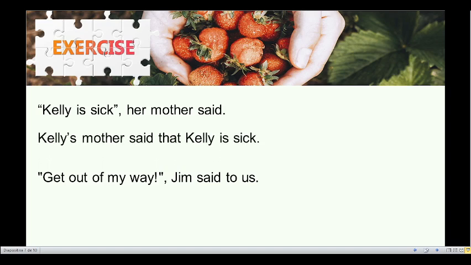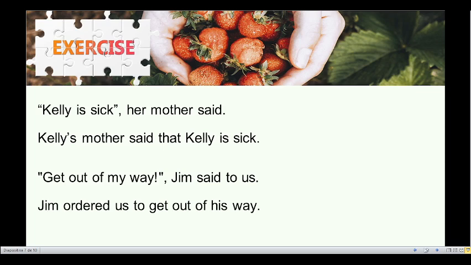Kelly's mother said that Kelly is sick. Very good. The second one, get out of my way, Jim said to us. So the reported speech is, okay, let's check it. Jim ordered us to get out of his way.